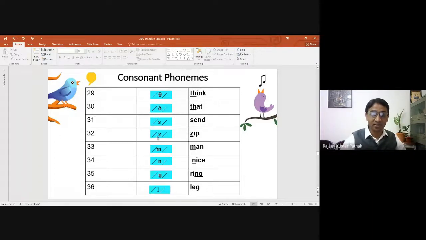Then we have s sound, as in send, sand, sun, see, saw. Then j sound, as in jeep, jeel, jew, zebra, all this. Then m sound, man, mango, mouse.